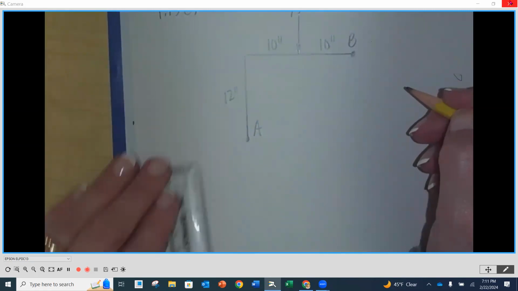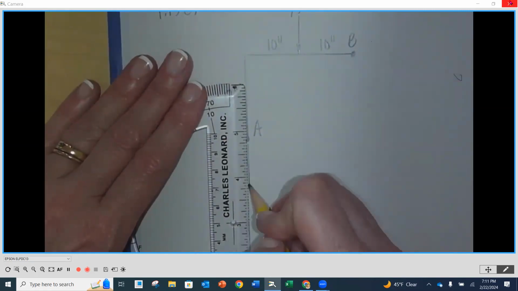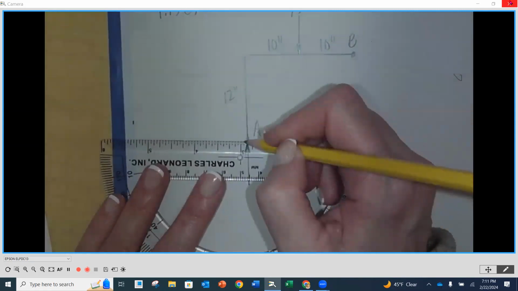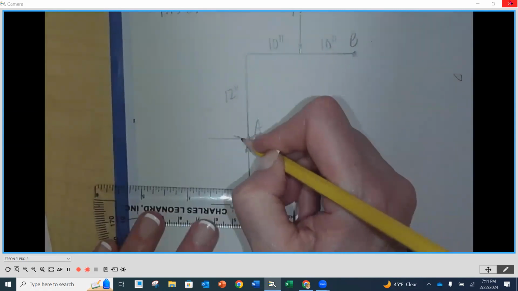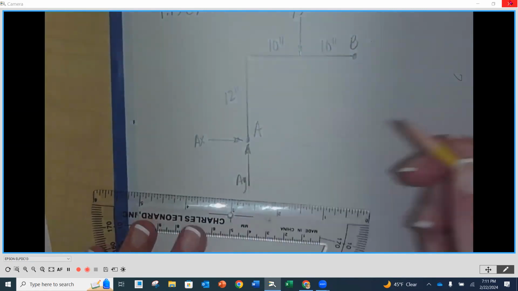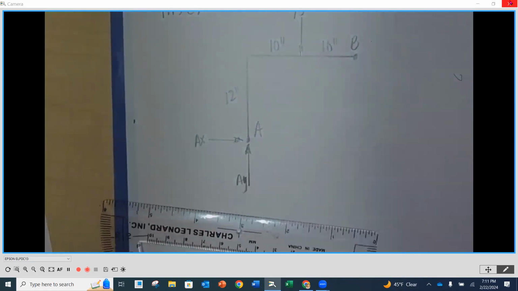My A reactions are going to be the X and the Y because this is still a pin. Make sure you label them. Okay. Now those numbers are going to vary for each one of these, but their orientation is the same.